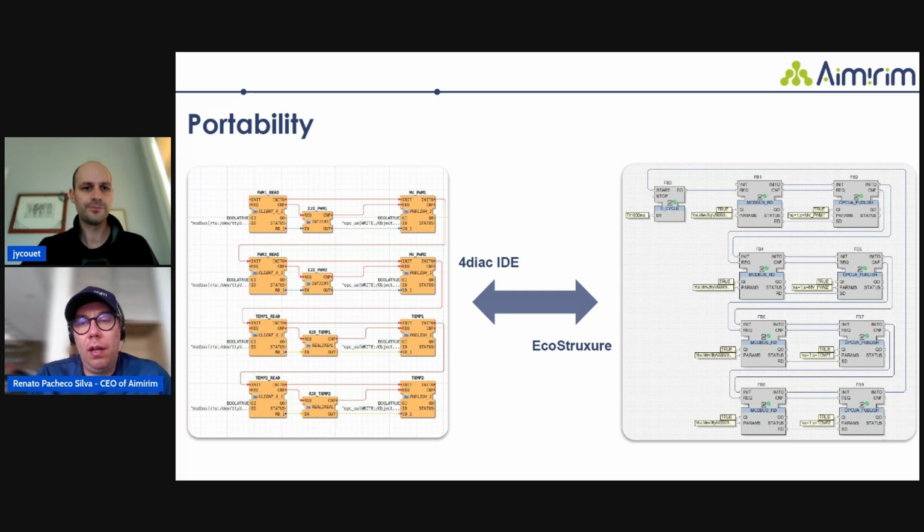So this year we also released a plugin where you can have, for example, the use of Universal Automation runtime inside 4diac. So these are the things that working as software allows you to do. There are many other cases where software will unlock the potential of your tool.